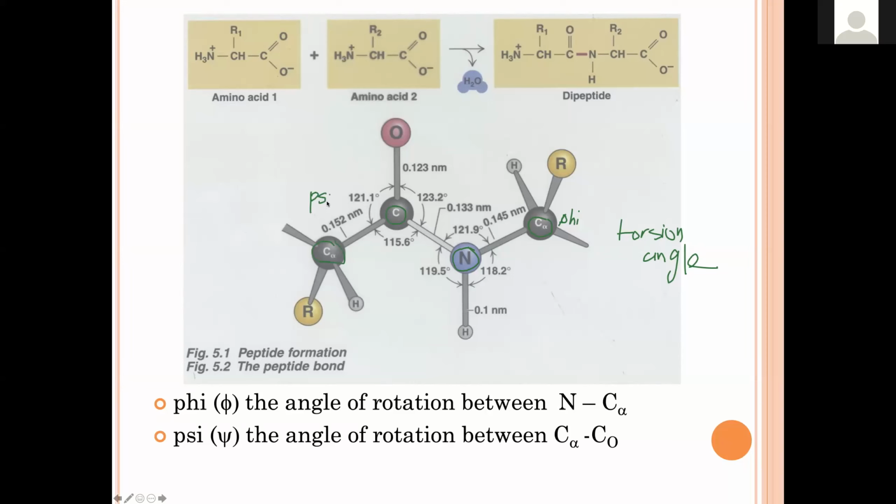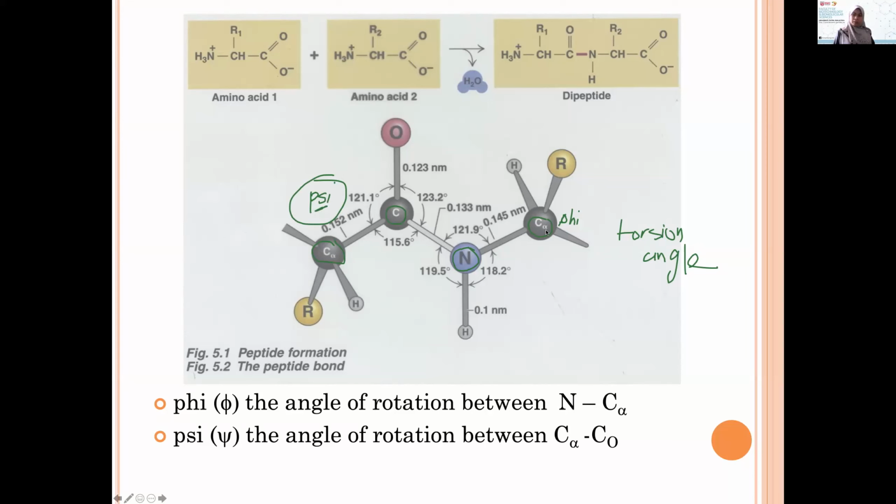To make it easier to remember, everything is supposed to be related to the chiral carbon. The chiral carbon to the carbon at the carboxyl group, we call psi. Psi means same: it's carbon and carbon.